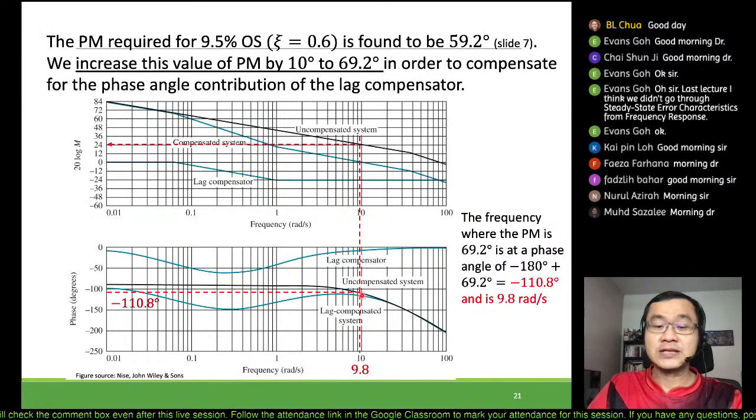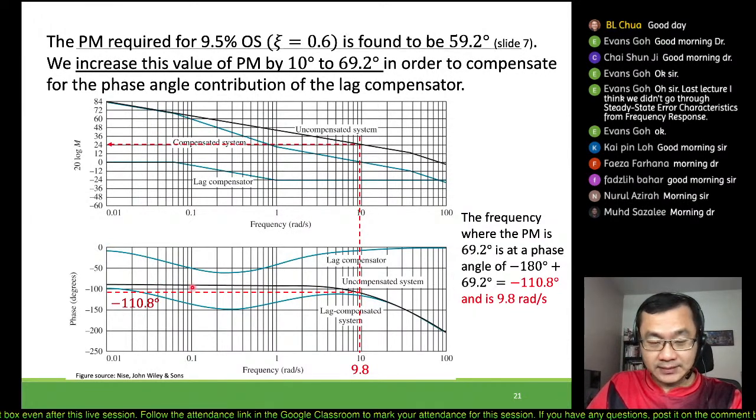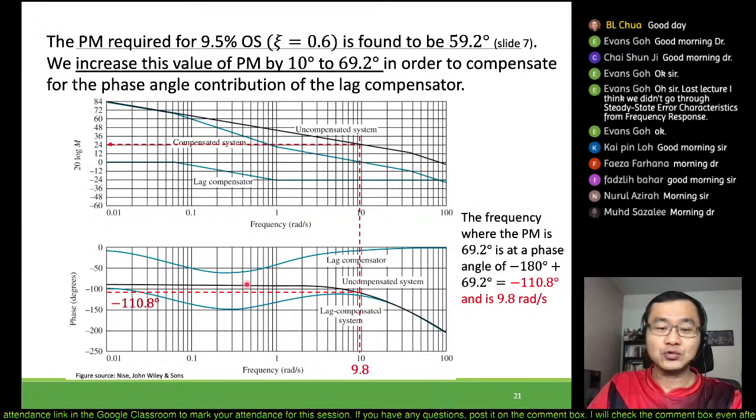Just look at the black line, which is the uncompensated system, before we add the compensator. When it intersects with the black line, that occurs at about 9.8 radian per second. So this is the frequency.